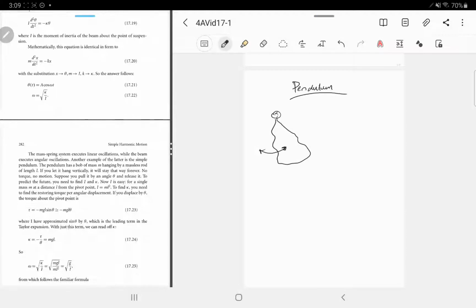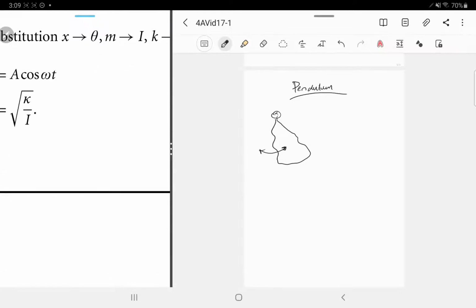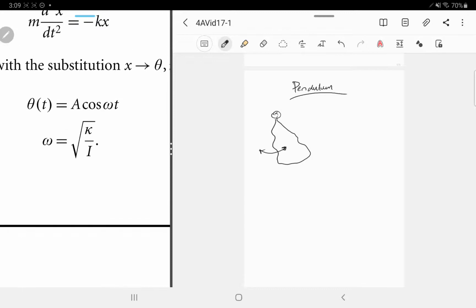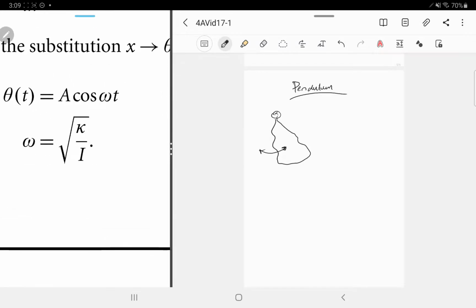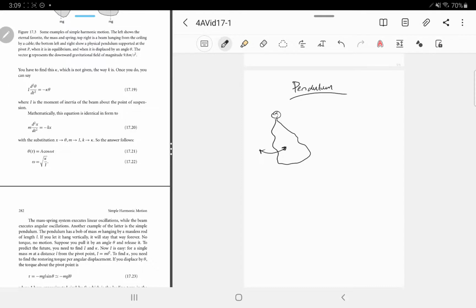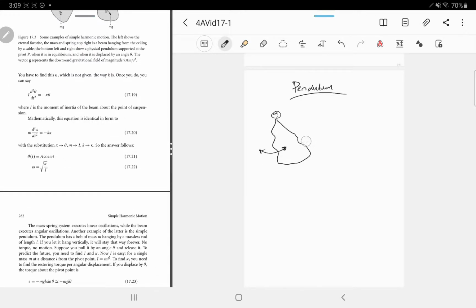And your textbook derives an equation for the angular frequency of oscillations. It depends on this parameter kappa and the moment of inertia about the pivot point. So this is a general pendulum.